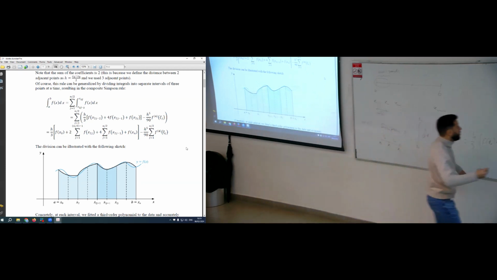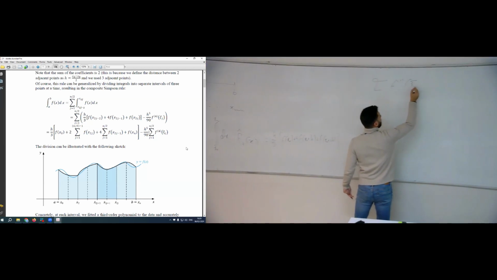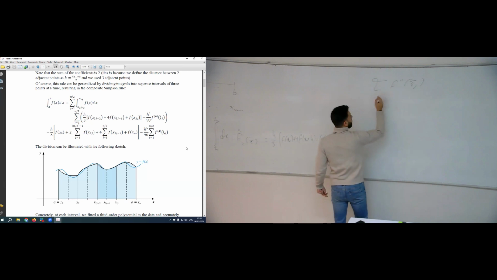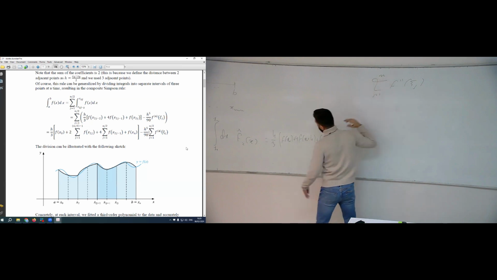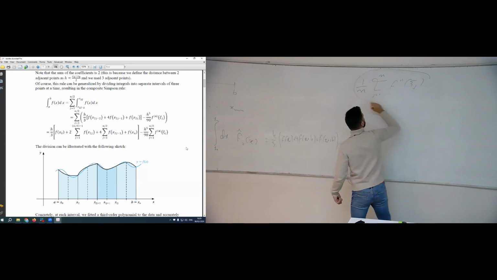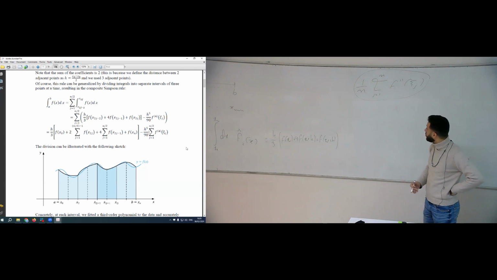Because the sum, for example, from j equals 1 to n, it depends what you call n, no problem. What is this? Yes, and I can write it as what? If this is a continuous function.